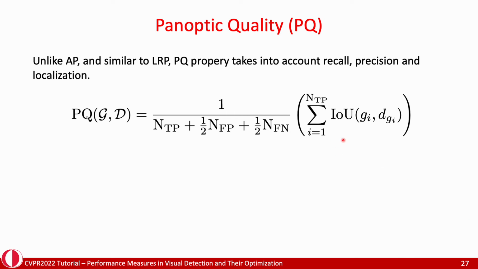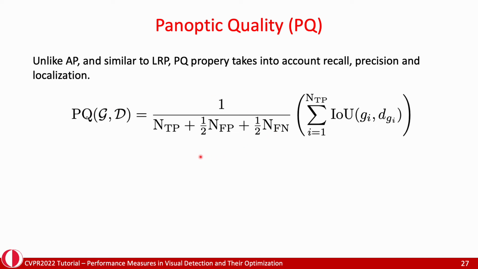So let's look at this expression for Panoptic Quality. As the localization quality, which is intersection over union here, denoted by IOU, increases, the PQ will increase.